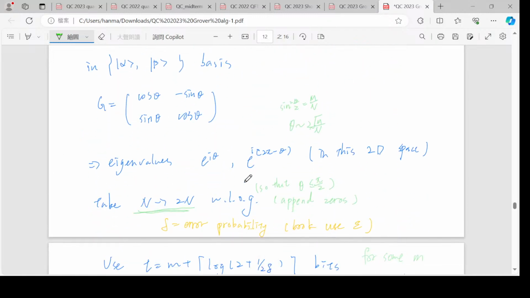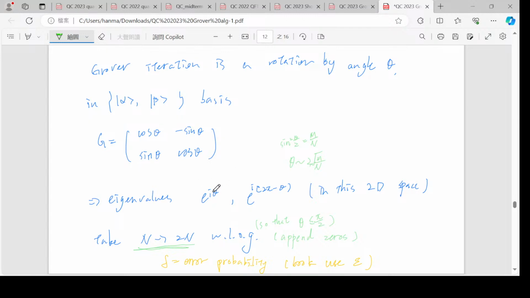With phase estimation, G has phases e to the i theta and e to the i (2 pi minus theta). Then you can see how we get m here. Phase estimation will give us theta, or 2 pi minus theta. If you see 2 pi minus theta, you can just subtract it from 2 pi, and then you will get theta.